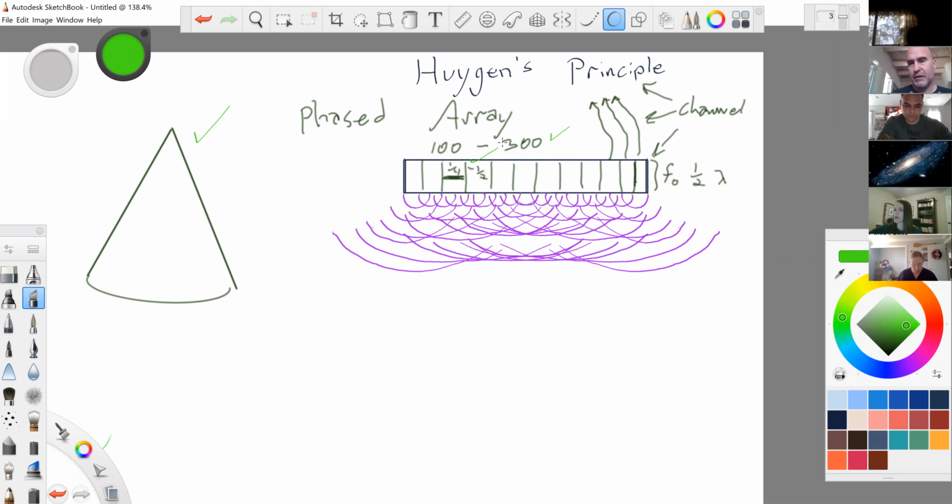So this array kind of has, I don't know, like I kind of did this by accident. I was just drawing it really quickly, and I drew a wavefront that is, let's say, very slightly focused. Let's say it's focused to that point. That was just kind of a happy accident the way I drew that.